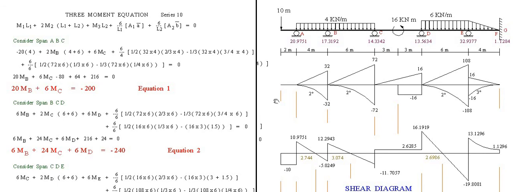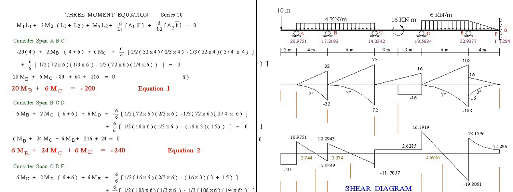Then the lower part is parabolic, 1/3 72 by 6. Then the distance is 1/4 of 6. Then equate that to 0 because we have no settlement, either A, B, or C.